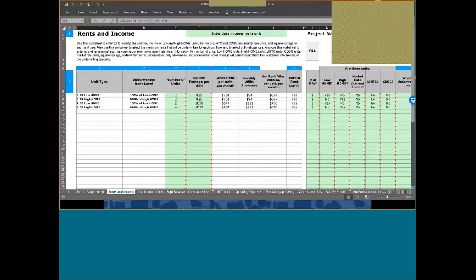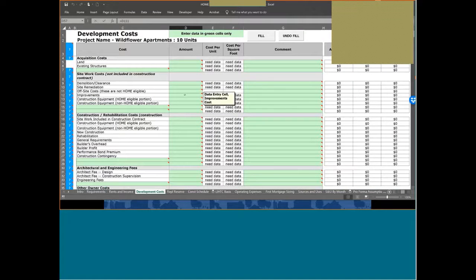So let's go to that. All of the development costs that the property is going to experience in getting from initial closing through occupancy into an operating entity rather than a property under development would be represented here.